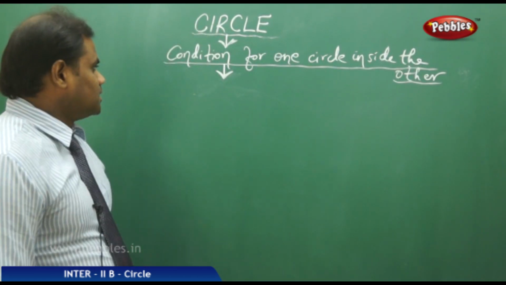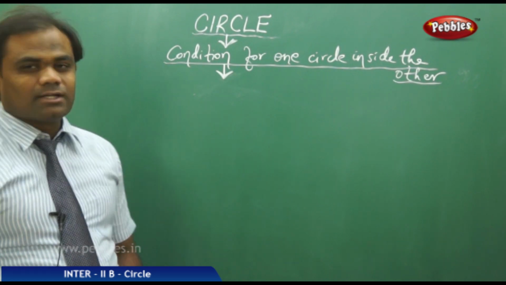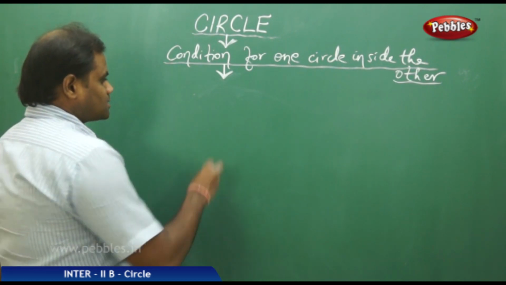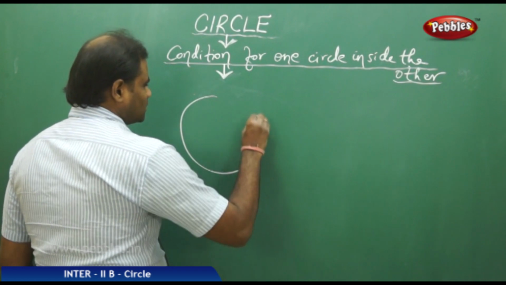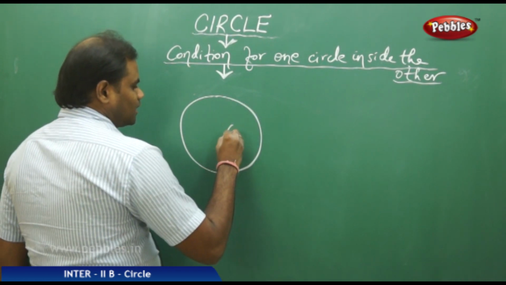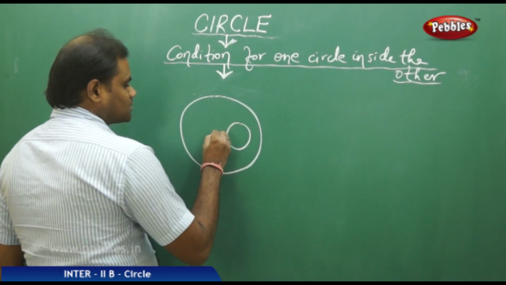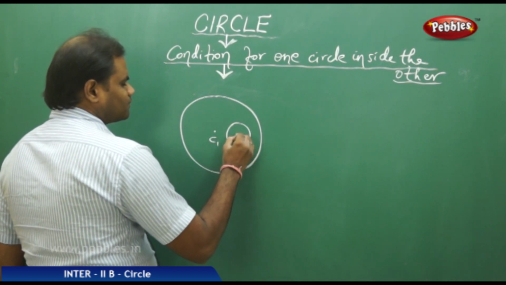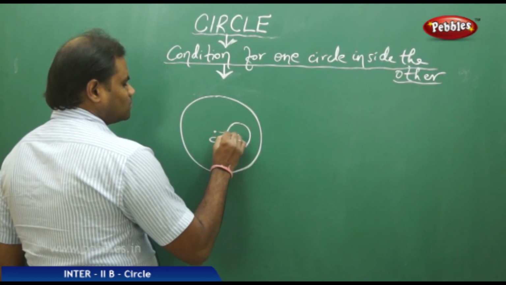Now the next case is the condition for one circle inside the other, that is, if I have a whole of the circle which is inside the other circle, say like this, with center C1 and center C2.